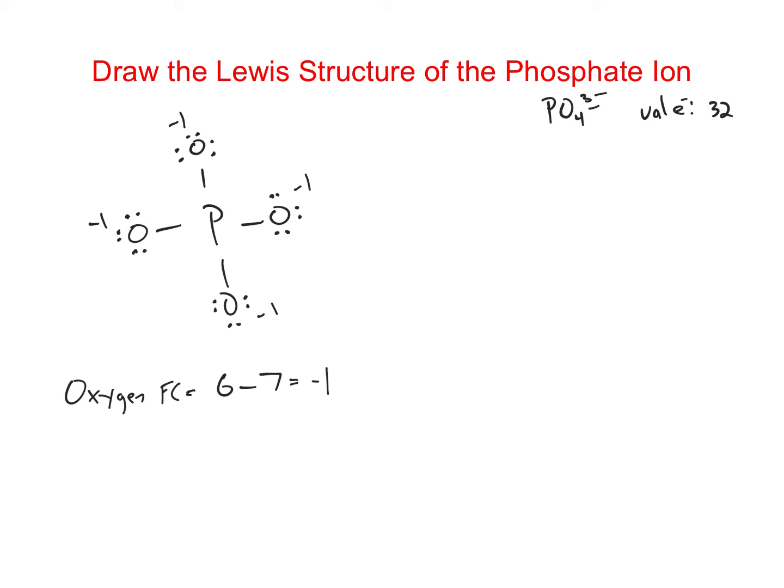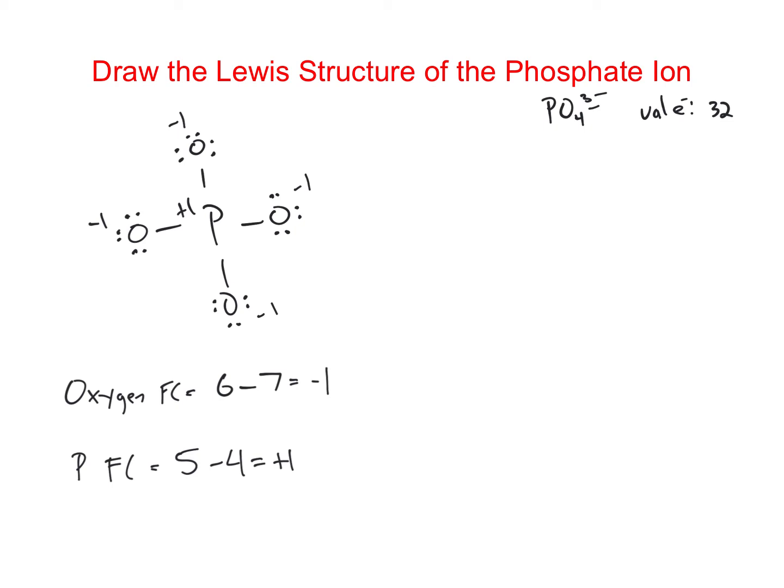And then the phosphorus, 5 valence electrons minus 4 balls and no sticks, it has a +1 formal charge. So when I add up all the formal charges, 4 -1s and a +1, I get -3, which is the charge on a phosphate ion, so that's good. But man, everything has a non-zero formal charge.